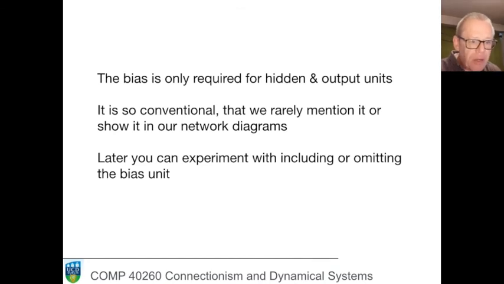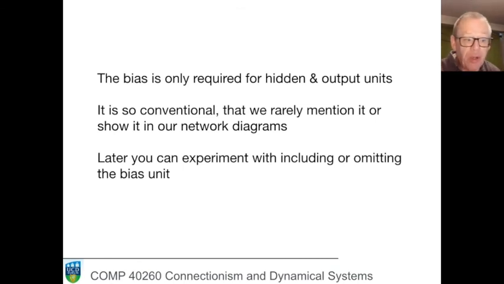The addition of this bias unit is so conventional that we rarely show it or mention it in our network diagrams and figures. In the pedagogical software system we will be using in labs, however, we will always show the bias explicitly because we want to keep the basic computational machinery of the networks in mind.